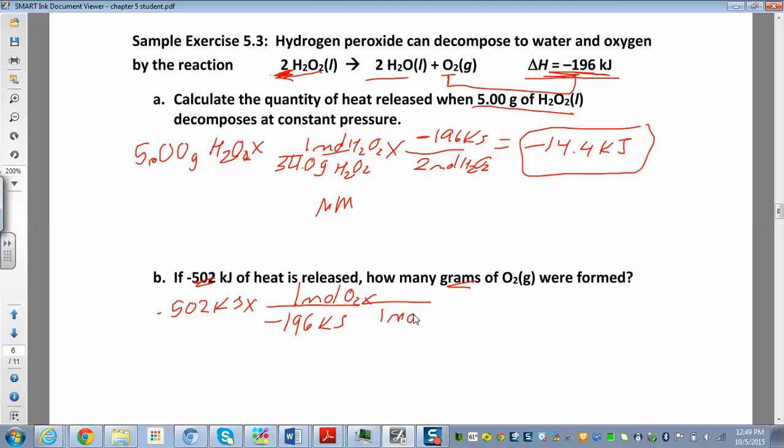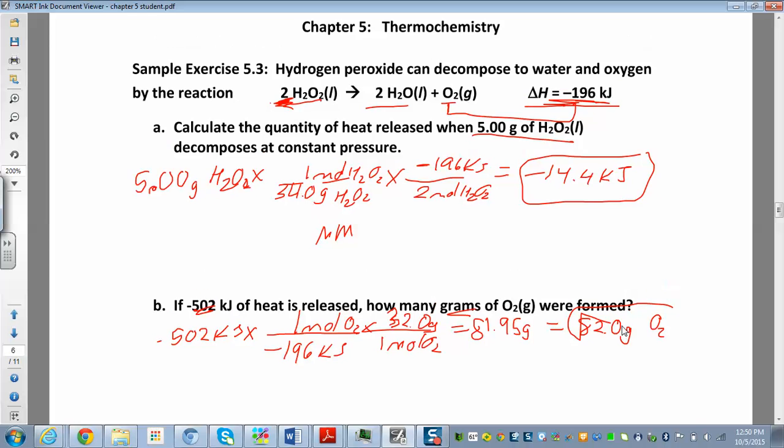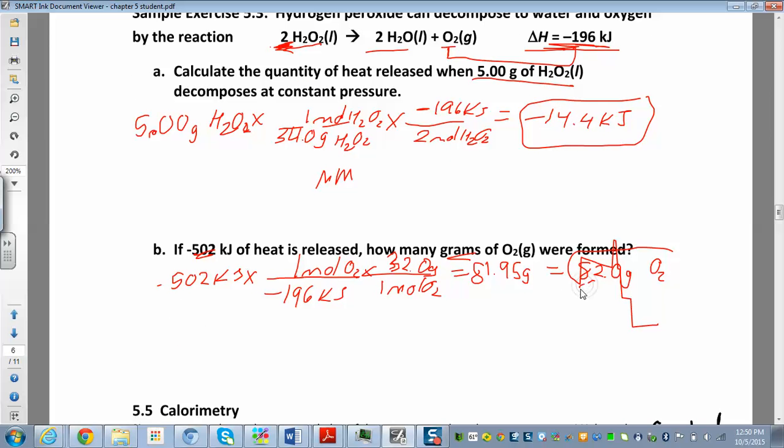For every 1 mole of oxygen, I have 32 grams. So you're going to work that out. I got like 81.95 grams. And I'm going to convert that to 3 sig figs, so I have like 82.0 grams of oxygen.